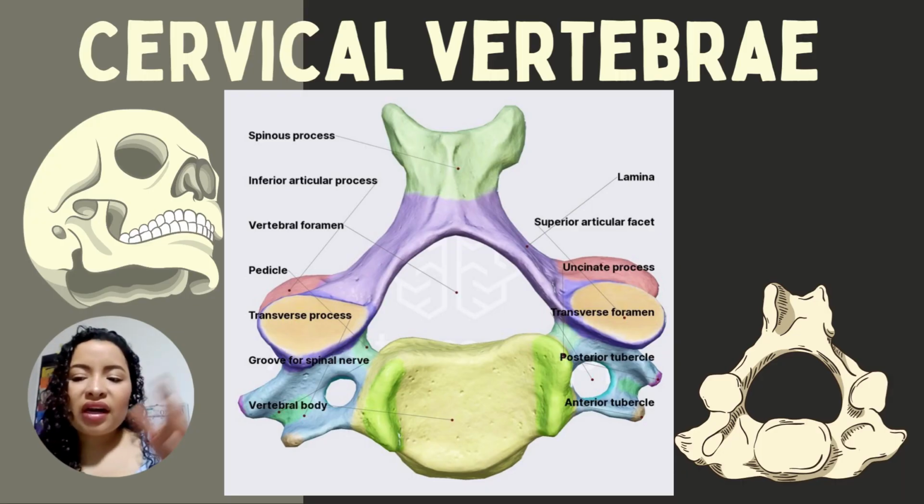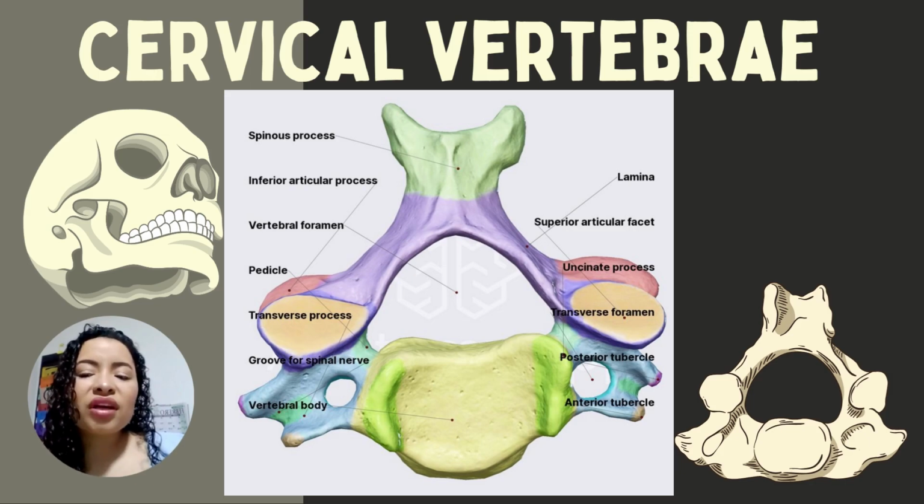The vertebral arch is the structure located posterior to the vertebral body. It consists of two pedicles and two laminae. The pedicles contain the vertebral notches, superior and inferior, that form the intervertebral foramina.